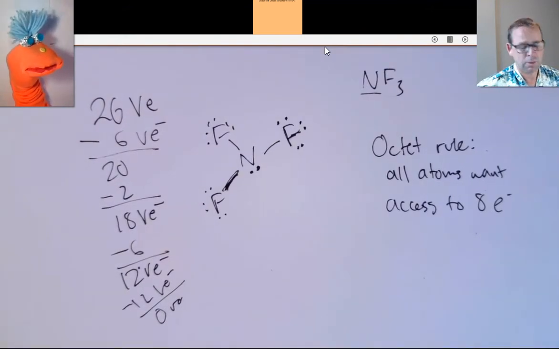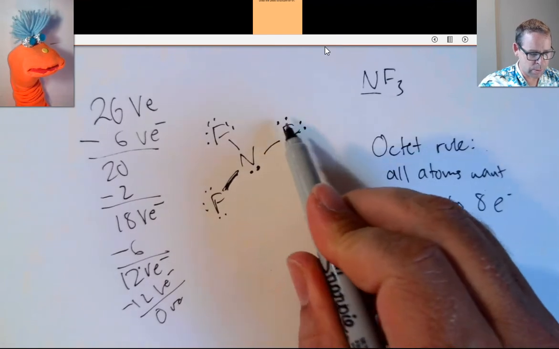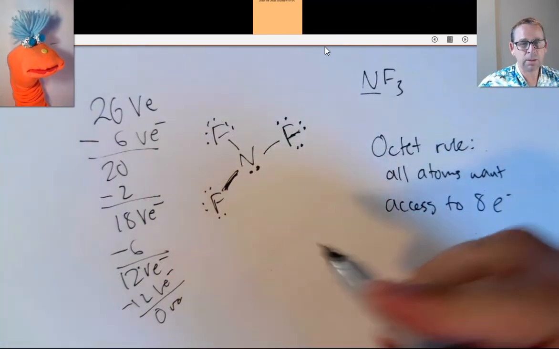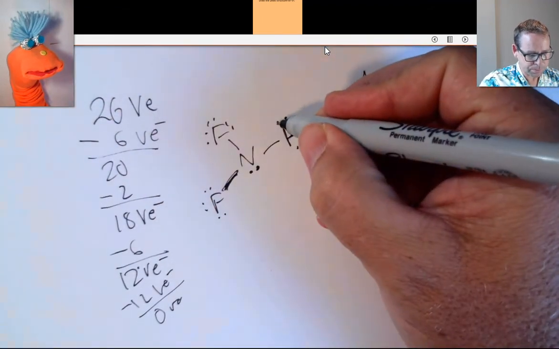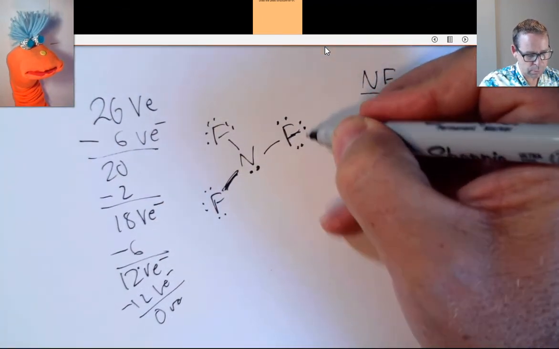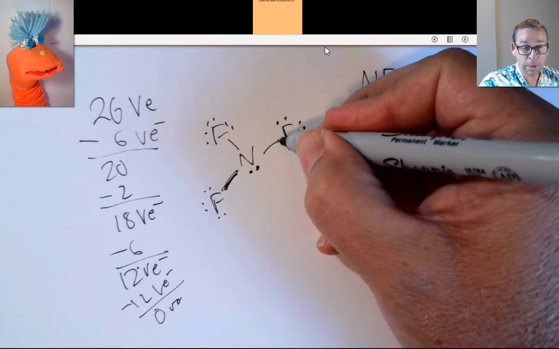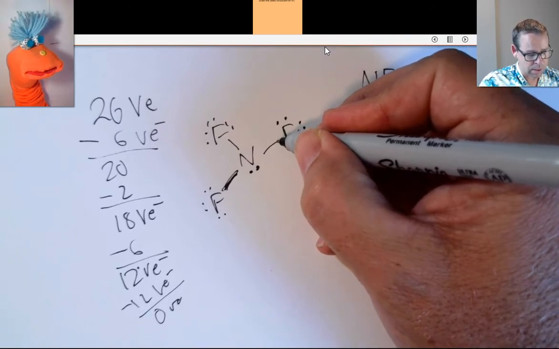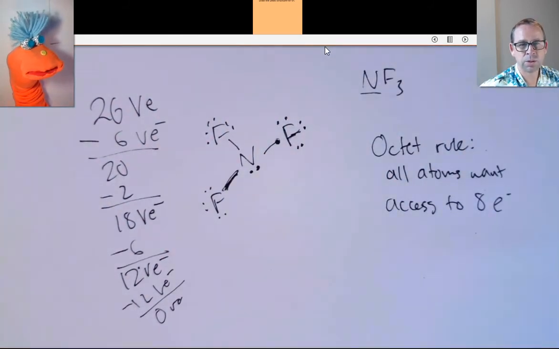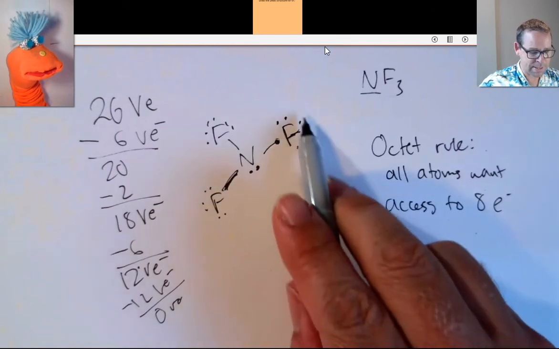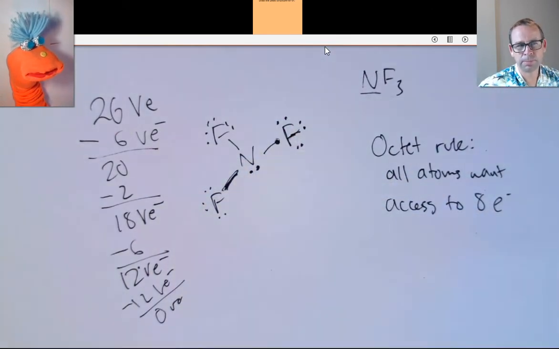The difference is fluorine has access to 8, 1, 2, 3, 4, 5, 6, 7, 8, but right around it, it has 1, 2, 3, 4, 5, 6. And then we only count that 1 electron as how many it has right around it. So this fluorine has access to 8, but 7 right around it.